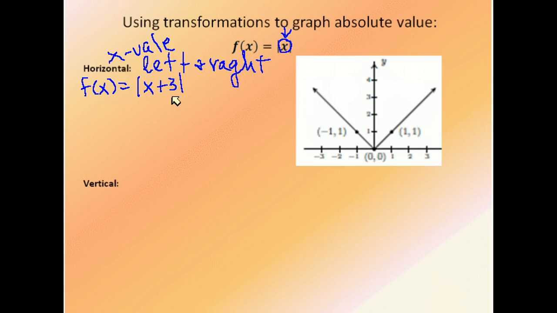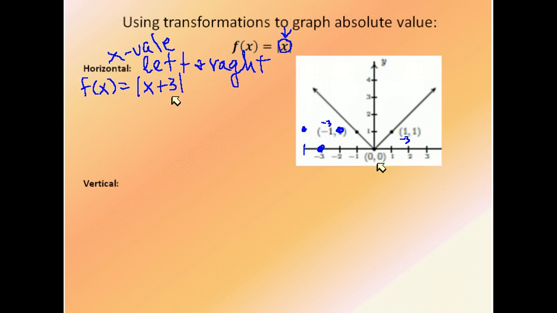So my new graph would subtract 3 from all of my x values. So my 0, 0 would move 3 to the left and would be here instead. My 1, 1, if I subtract 3 from my 1 here, I get negative 2, 1. And my negative 1, 1, if I subtract 3 from that x value, I get negative 4, 1.